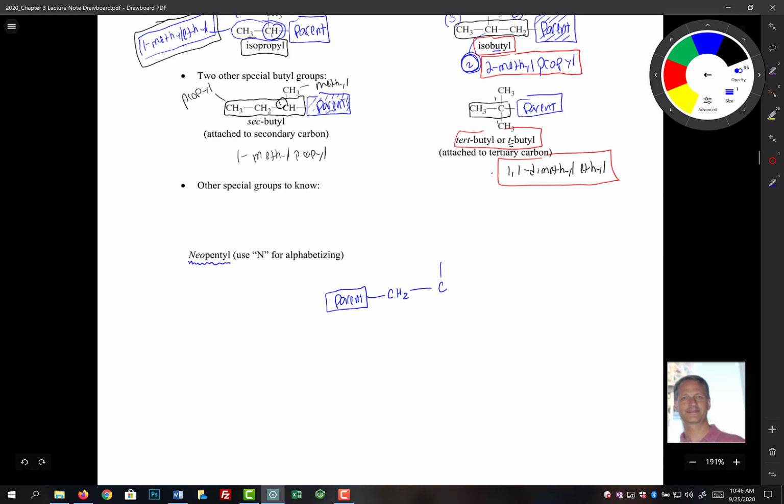So a carbon with 1, 2, 3 CH3s. That's a neopentyl. If this shows up when you're studying, the n of neopentyl, because it's not hyphenated, is going to be part of what we use for alphabetizing.